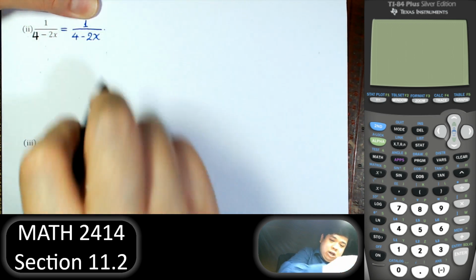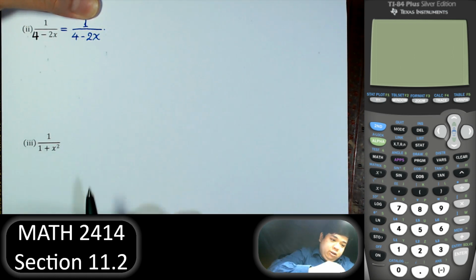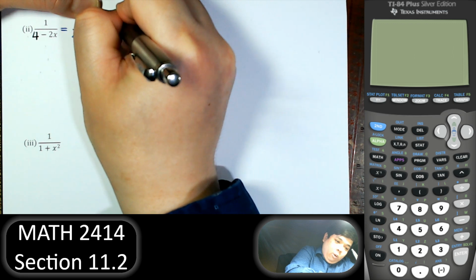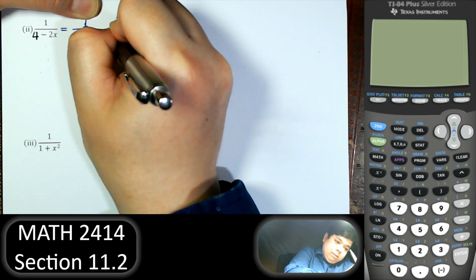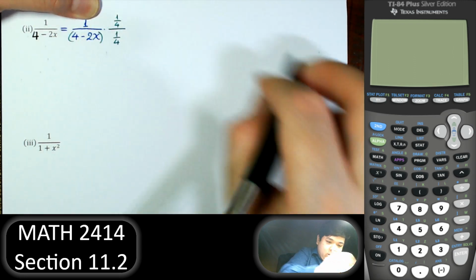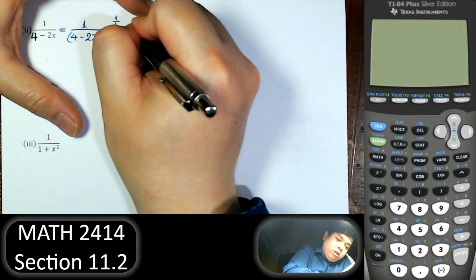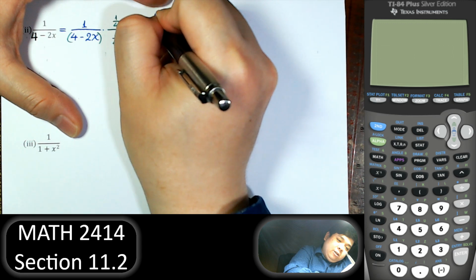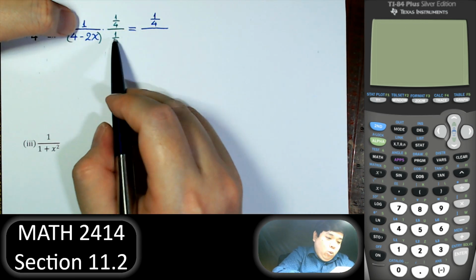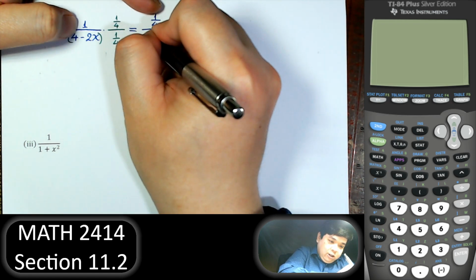But what we need is the bottom to be 1 minus something. So in order to do that, we have to divide by 4 top and bottom. And then when we multiply across, we have 1/4 on top. And 1/4 times 4 is 1.